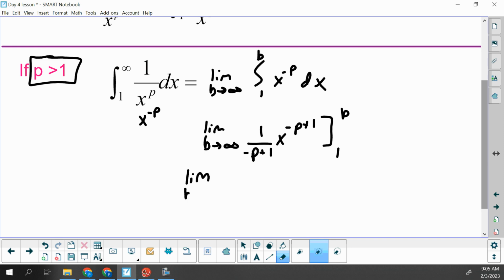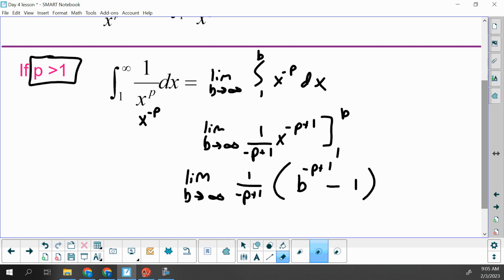So we're going to do limit as b approaches infinity. We'll have 1 over minus p plus 1, and I'm just going to leave that out in front. We're going to have b to the minus p plus 1, minus 1, and 1 raised to any power is just 1.